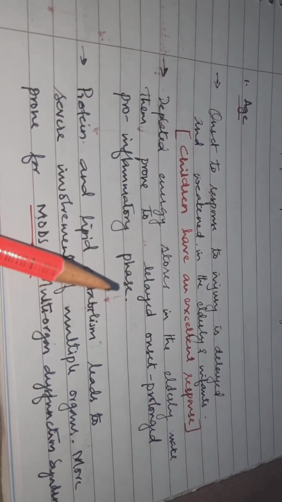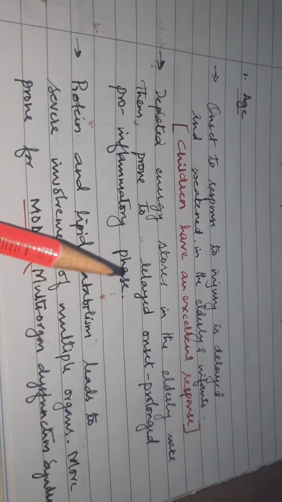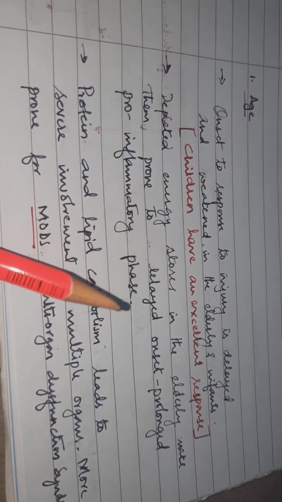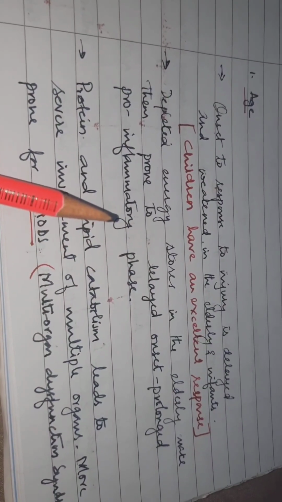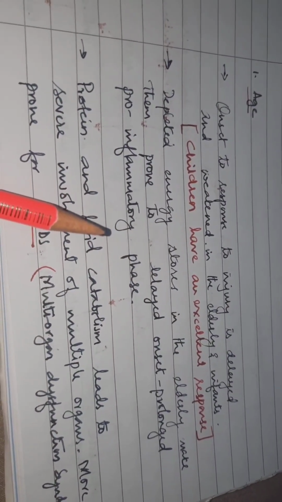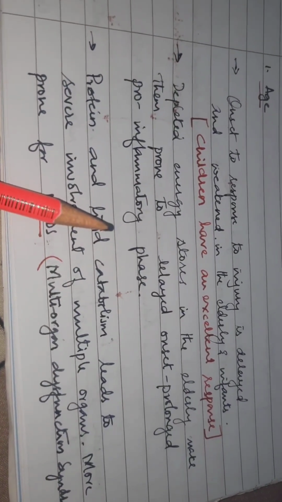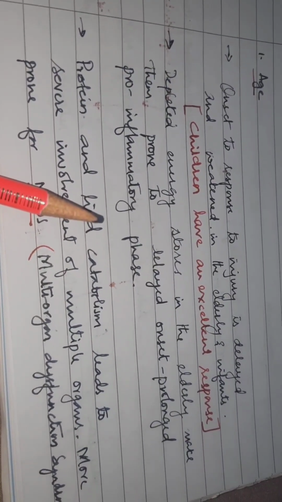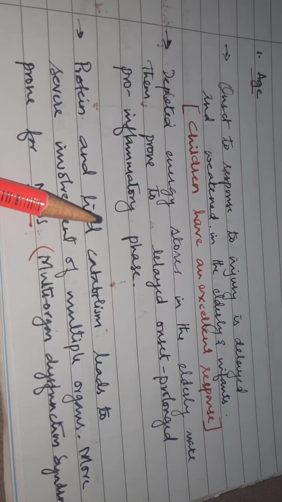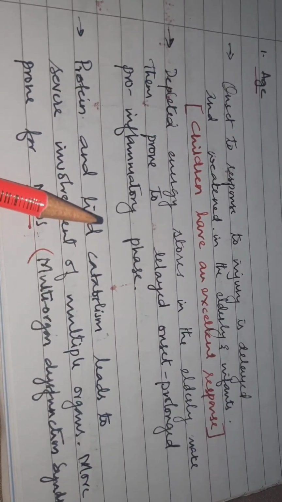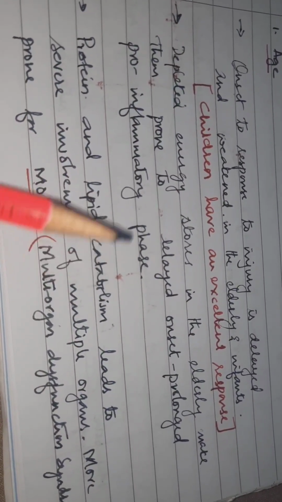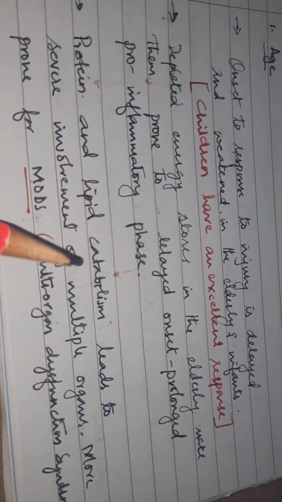So the inflammatory phase is delayed in its onset, and when it starts, it lasts for a longer time because it is basically weakened. Whenever a process is weak, it requires a longer time to cause an effect. This is the reason why the elderly have a delayed onset and a longer pro-inflammatory phase.